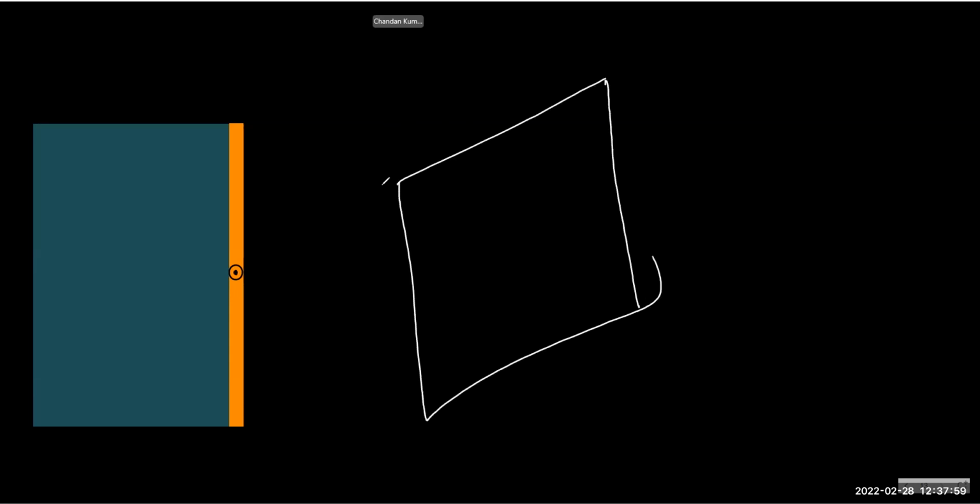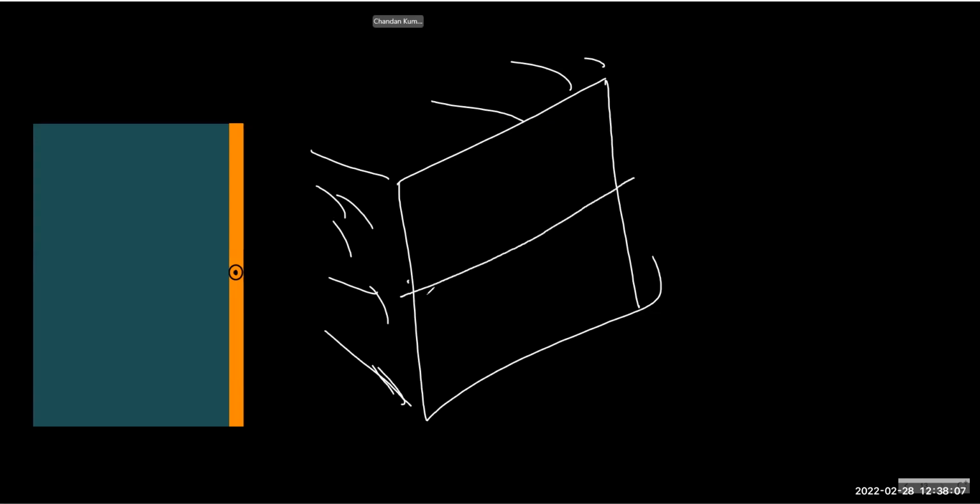You can imagine this is like a, I mean, how to imagine? Always have to think of the three-dimensional world. The water is filled here. And this gate is hinged about the center. So this is the hinge point. So it means it can rotate like this. This length is L, this length is L. So I can say the depth is L and this is also L. This is what I have assumed.